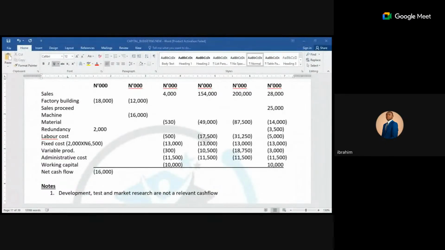At the end of January, you recoup back your investment. That is what it means. You put it in, then at the end of the project, you take it back. So it's not a saving or an income to us. You remove it at the beginning. It is what you will use to run the business: your trade payable, your inventory. After that, at the end of the project, it becomes an inflow to you. Don't worry, you will understand it more when we solve more.